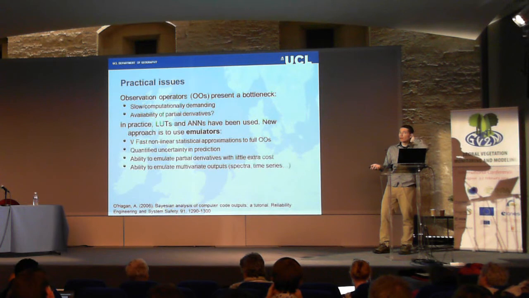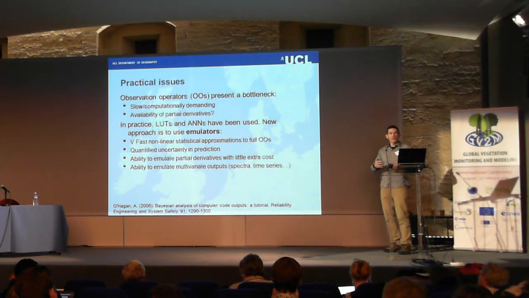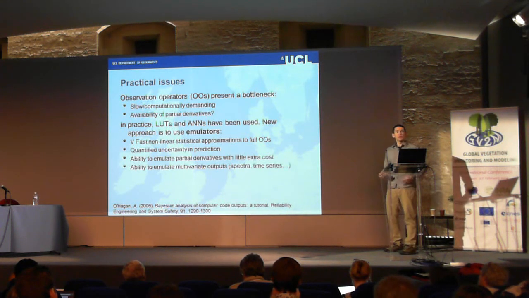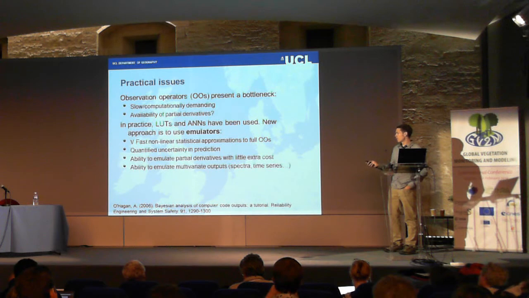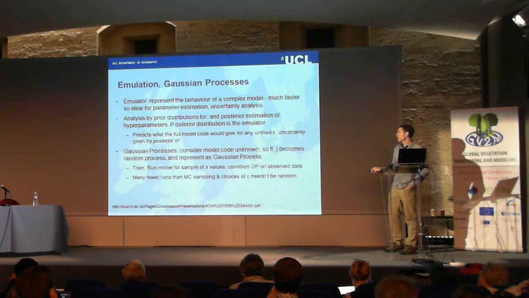Again, emulators are being widely used with large-scale models in climate applications, where they allow you to do parameter sensitivity analysis by emulating the full model using a statistical sample of runs.